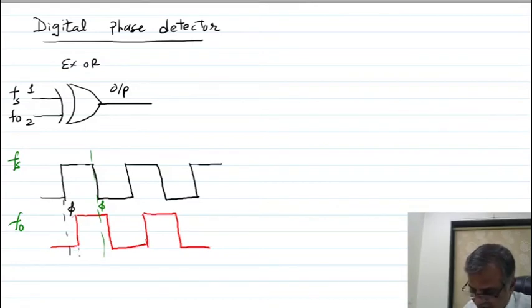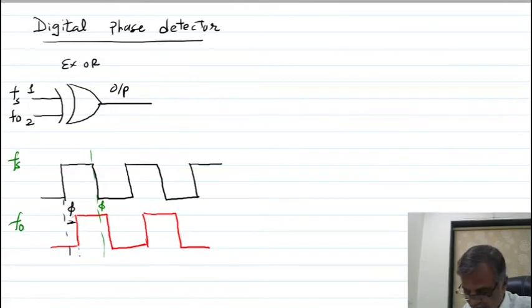So during this time interval, one of the inputs is high and another input is low. We know that when both the inputs of the exclusive OR gate are at different levels, then the output is high. So here during this time interval, this is your 1, this is your 0 level, so the output is high.